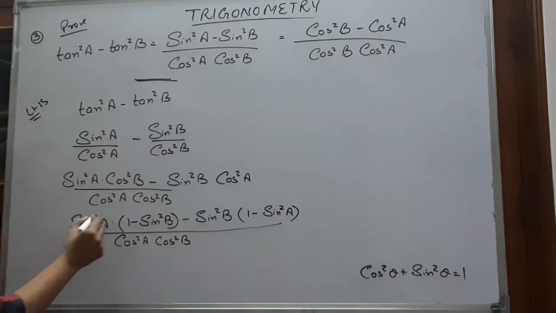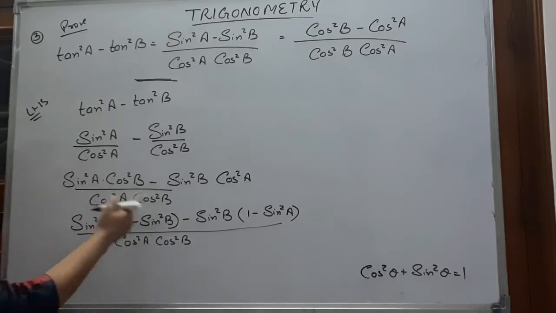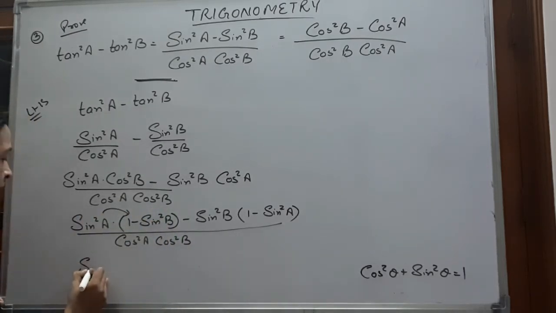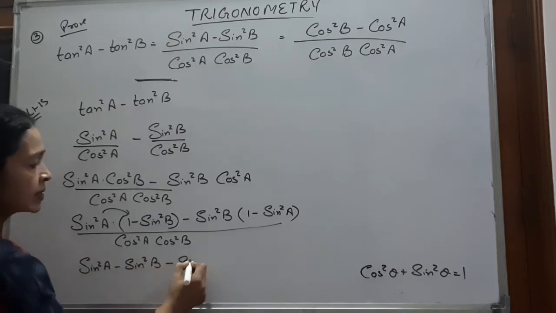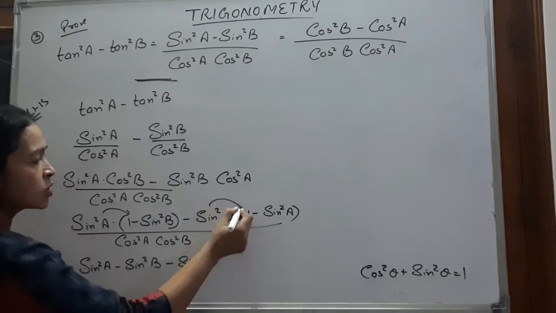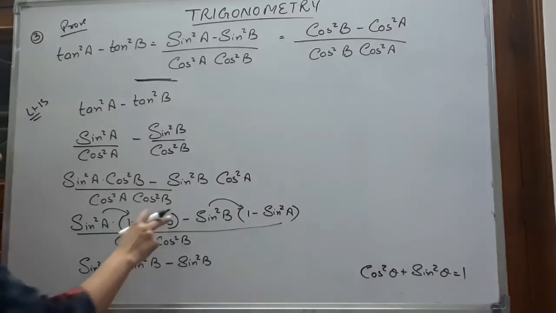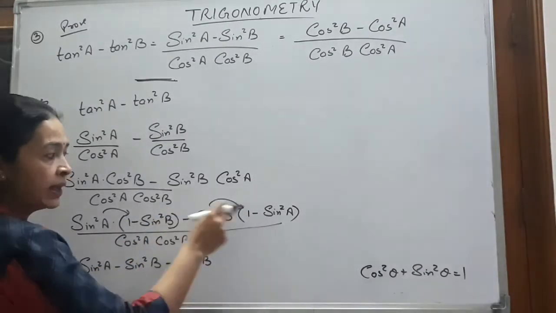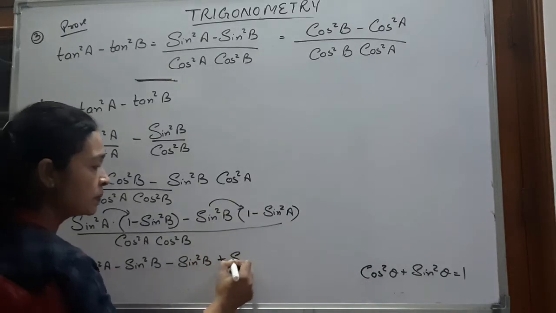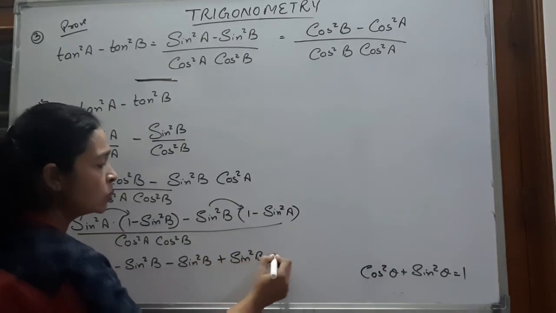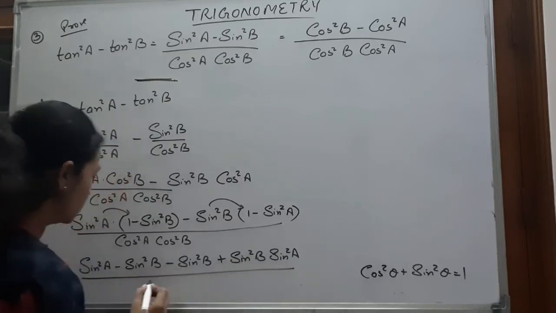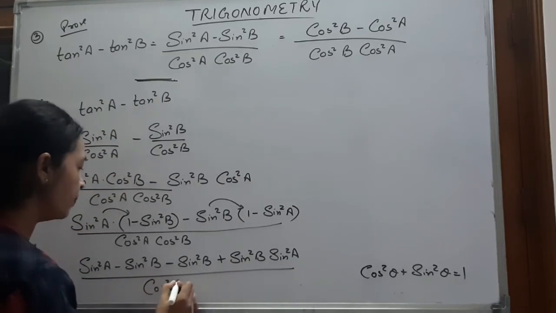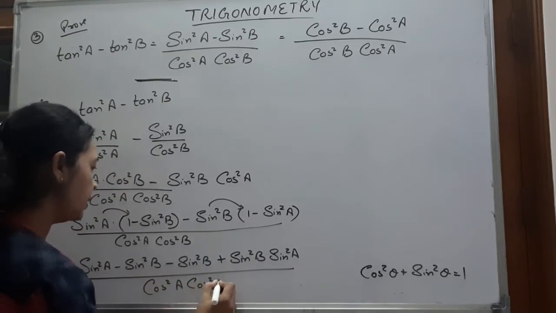What do we get? Sin square a multiplied with 1, then with sin square b we have sin square a minus sin square a sin square b, minus sin square b. Sin square b into 1 is sin square b. We have a negative sign outside, the sign inside will change. Sin square b into sin square a upon cos square a cos square b.